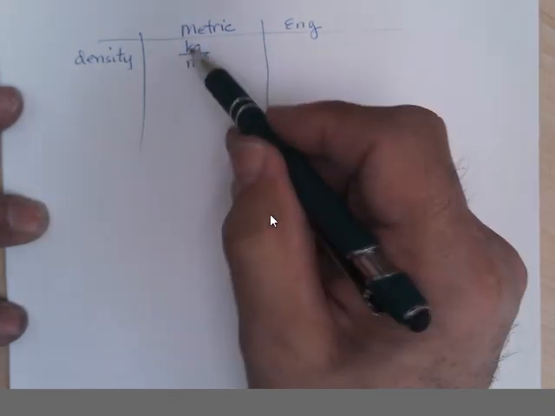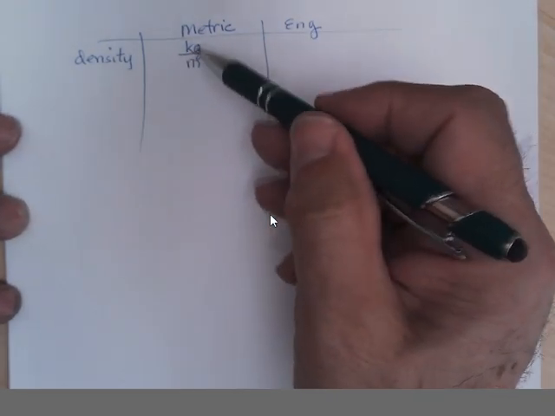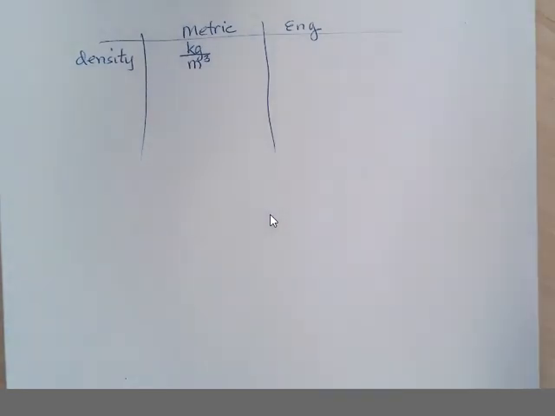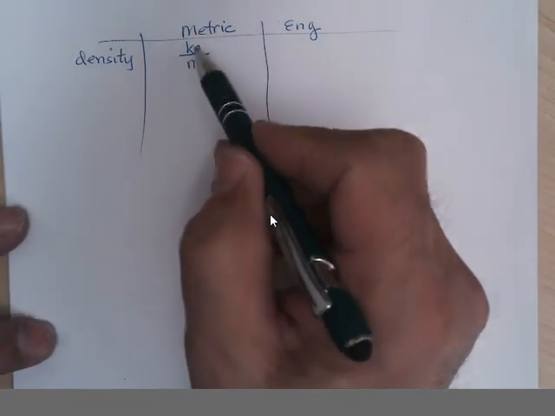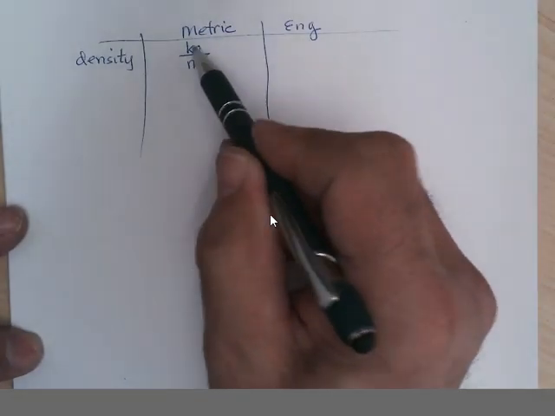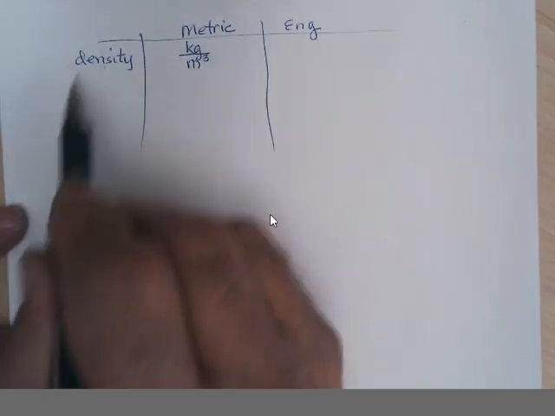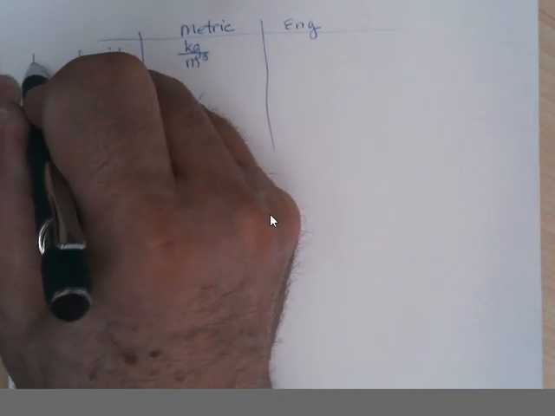We'll be talking about kilograms per meter cubed, which could be used to calculate volumes behind dams or whatever, bigger size units. Kilograms is mass per volume. Mass per volume. That's density. This is mass density.